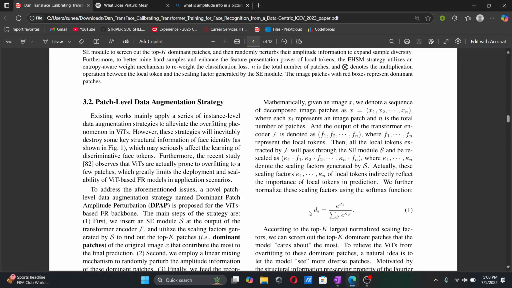So F represents the local tokens. Then all the local tokens extracted by F will pass to the SE module, and S be the module S, and be rescaled.